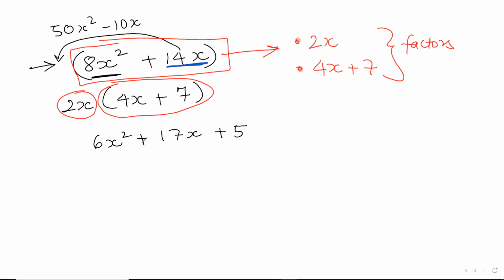Now, the thing is over here, we can't take anything that is common in all three terms, right? So we won't be able to apply this method. So what we do here, this method is called splitting the middle term.